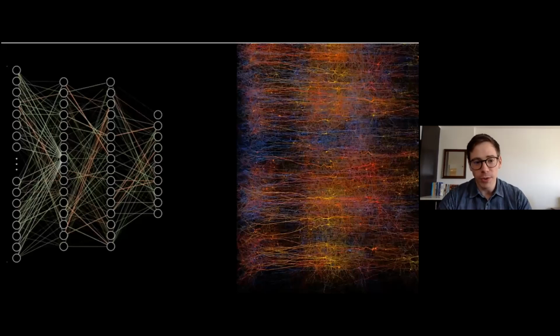So we moved on to connectionist systems, which is a lot closer to how the brain actually works. So you have connectionist systems on the left, you have neural models on the right.